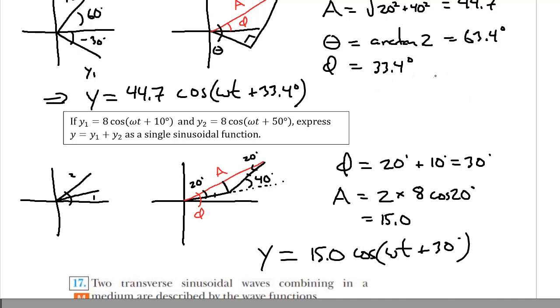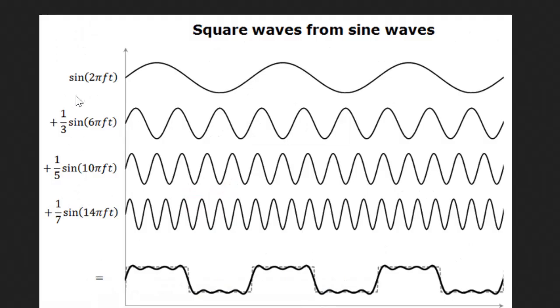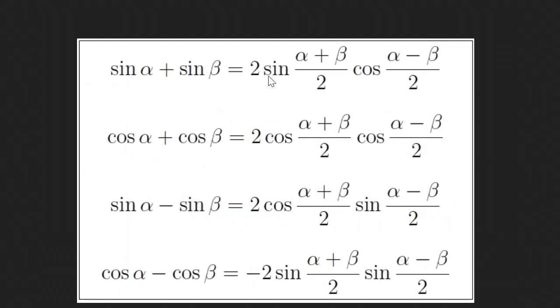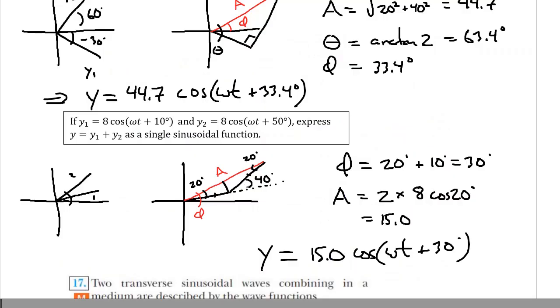A valid question here is, why don't I just use trig identities to add them up? And you certainly could. You know that there are identities to add sine and cosine together, the sum to product formulas. You'll of course get the same answer as what we did in this case. The reason that I'm showing you this method is because later on we'll be adding multiple waves onto each other.